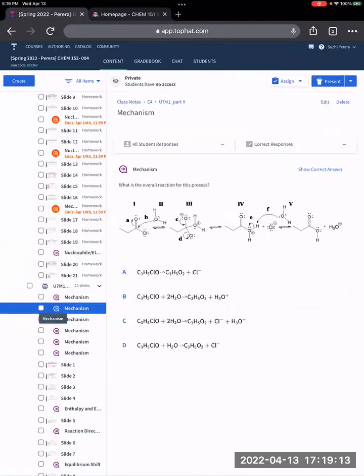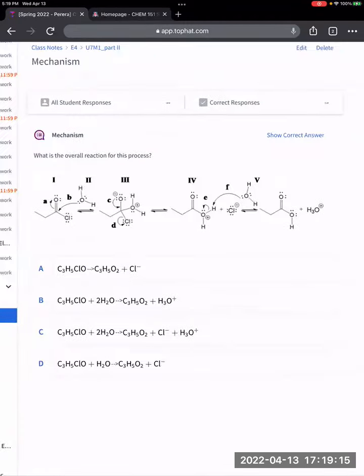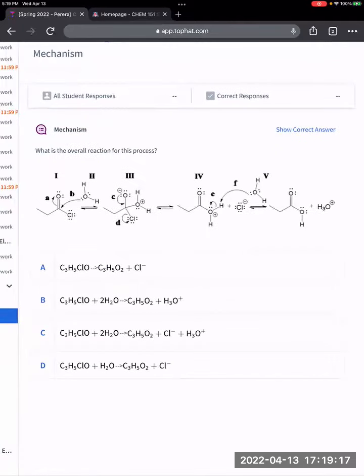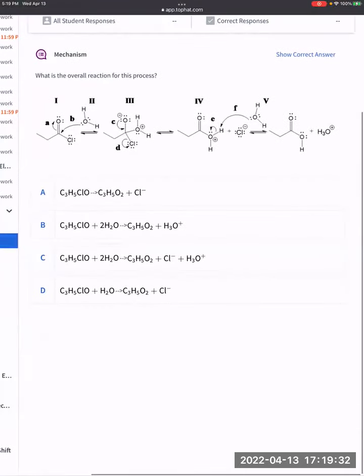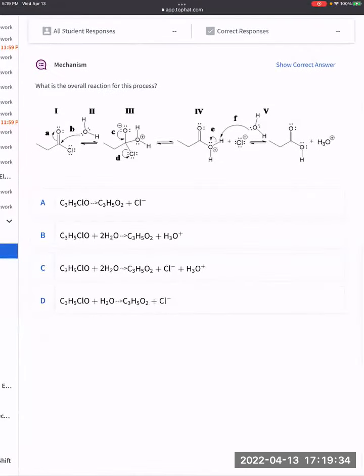Okay, in this question, it's the same mechanism, but you are asked to determine the overall reaction for this process. Okay, so to tackle this problem, I think I'm going to use a screenshot.